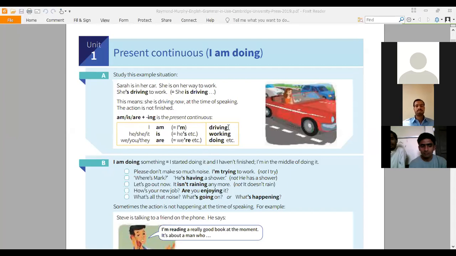I am driving. With we, you, and they, we use are. You are doing, you are driving, you are listening to me. With he, she, it, and any singular name, we use is. I am working, he is, she is writing, we are talking, they are reading.